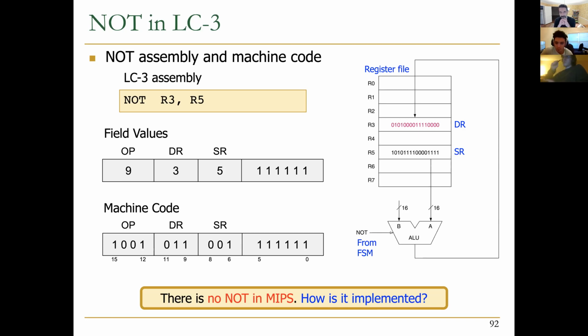Maybe think about how you can implement it. If you do the math, you will realize that it's not difficult. You need nor in order to implement not. So you can do nor of your operand with itself in order to implement not.